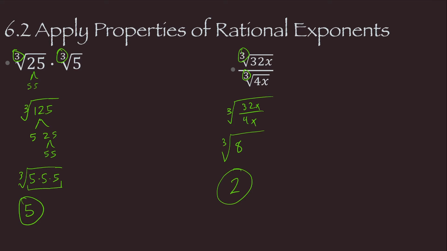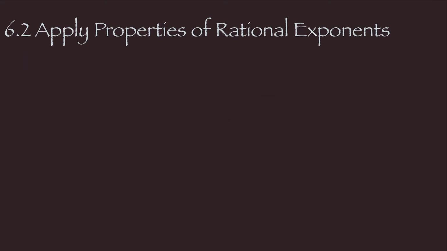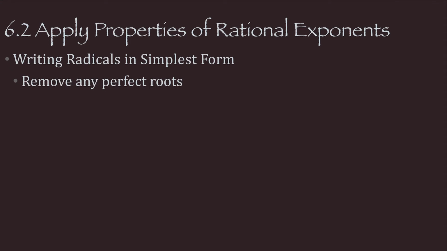All right, but what if those radicals don't come out perfectly? So to write them in simplest form, you have to remove any perfect roots and rationalize the denominators.